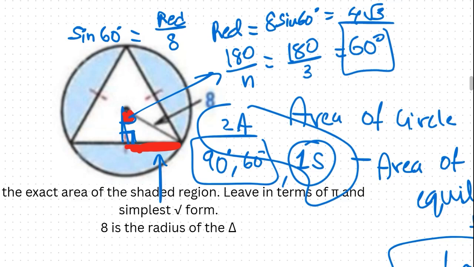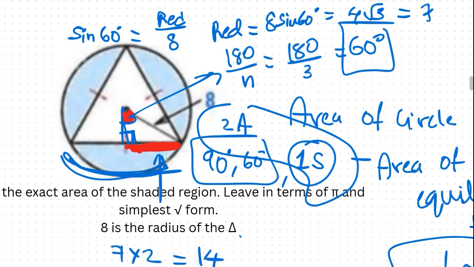My calculator is saying approximately 7. 4 root 3 means 6.8 or 7. So the total length is twice that, 7 times 2 is 14. So the side length is 14.